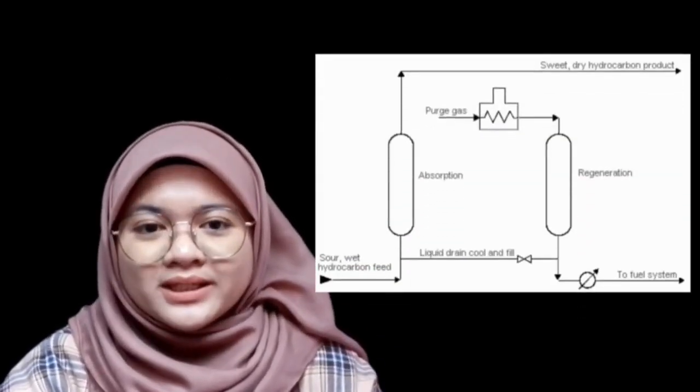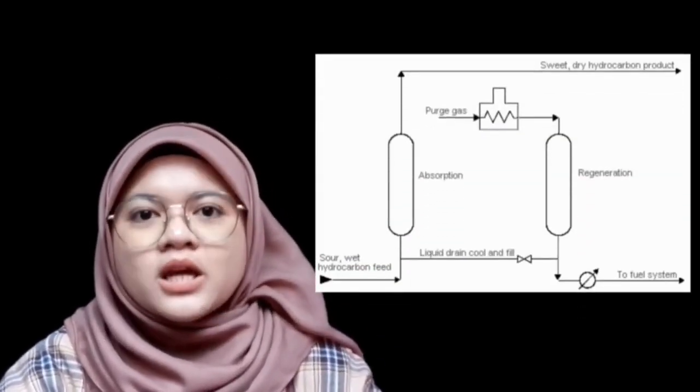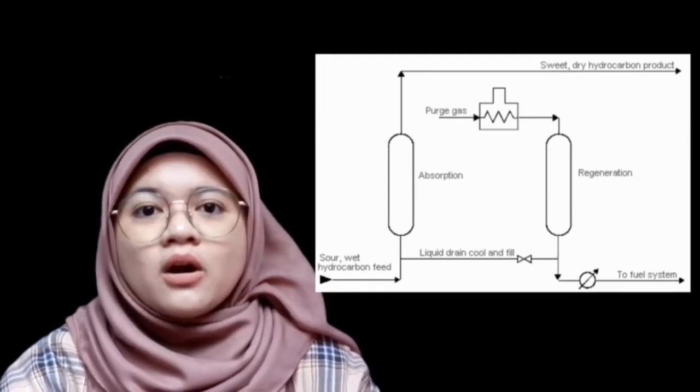Diesel desulfurization at 370 Celsius and 60 bar pressure forms hydrogen sulfide, which is treated to remove sulfur. Kerosene, butane, and propane undergo sweetening with caustic soda to eliminate thiols or mercaptans.